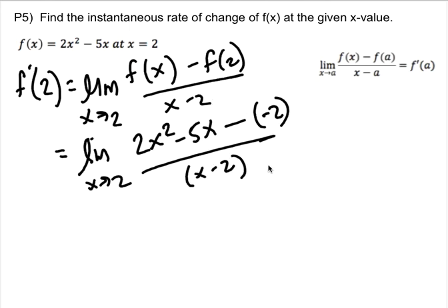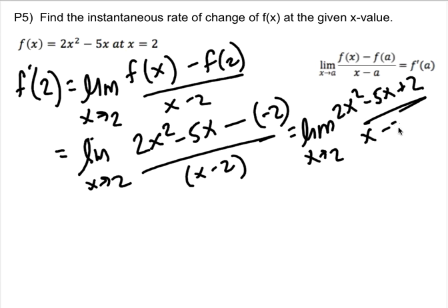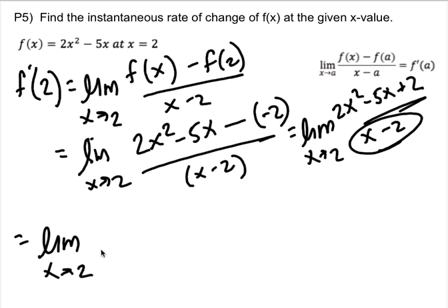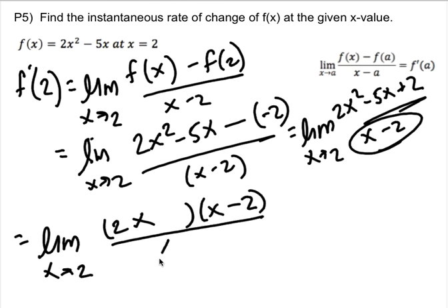So when I plug in, I'm going to find pretty quickly that, sure enough, the top and bottom both become 0, and that's never the answer. Remember, 0 over 0 is never the answer. So this 2x squared minus 5x plus 2 is going to factor into something that involves this x minus 2. When I factor, and again, I don't care how you factor, I just care that you factor right, I recognize that it's a 2x and an x, and I can make the educated guess that this x one has to be an x minus 2, because it's going to cancel with this guy on the bottom.